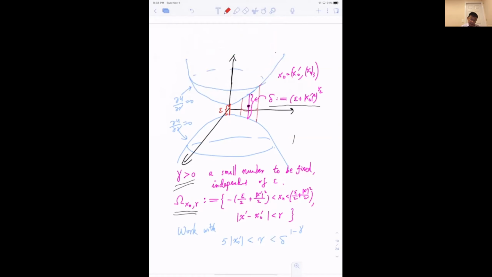So we work with this cylinder, and we work with R in this scale. We first look at that scale with that R. So this delta is here. Gamma is a universal positive number.